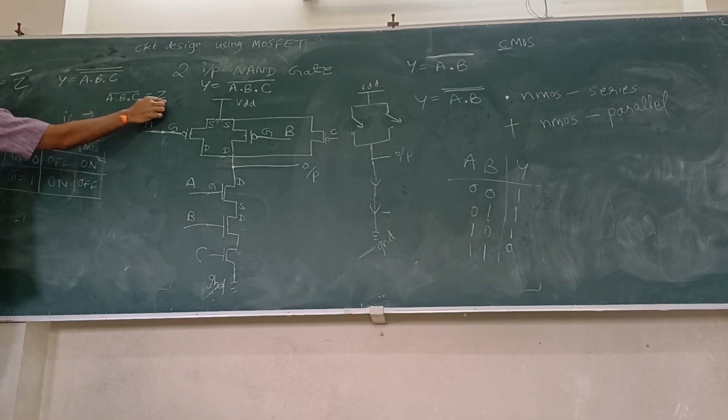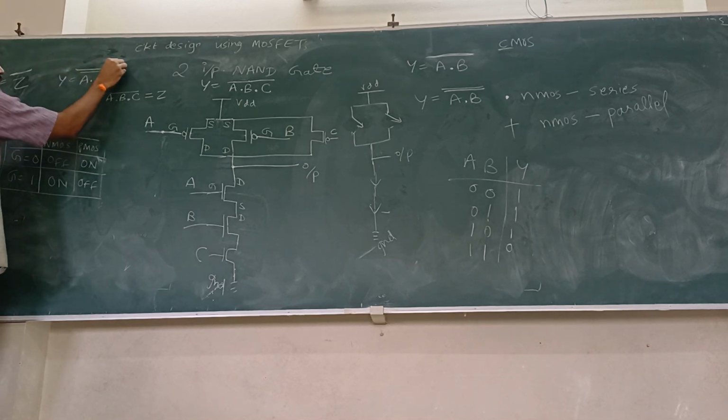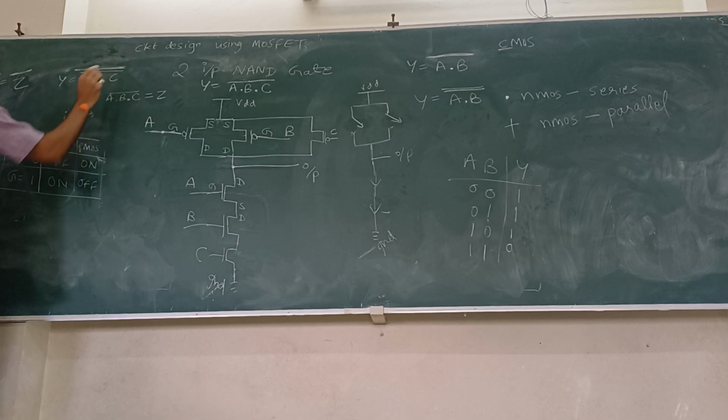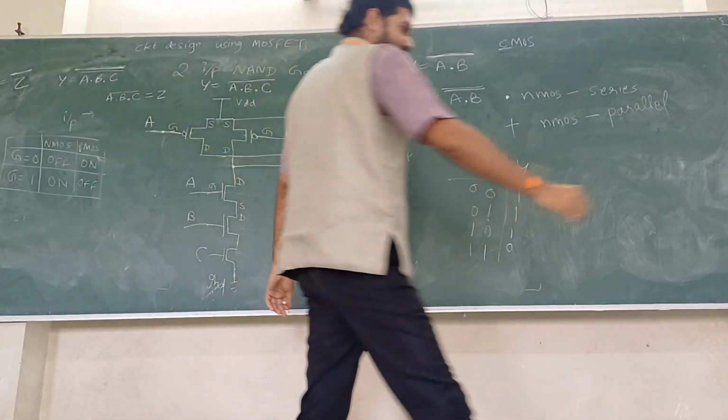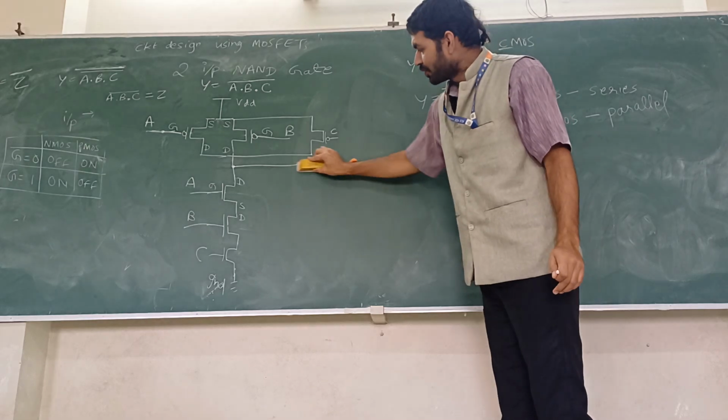If this is Z bar, then A bar, Z bar, which gate is this? Not gate, or inverter. So for this extra whole bar, what I do is I will connect an inverter at the output of this.